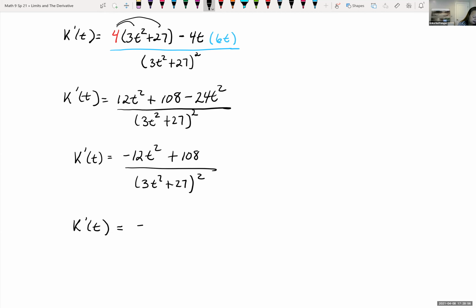If I pull out a negative 12, that would give me T squared minus, since 12 goes into 108 9 times, 9.